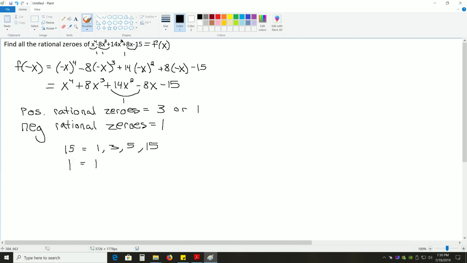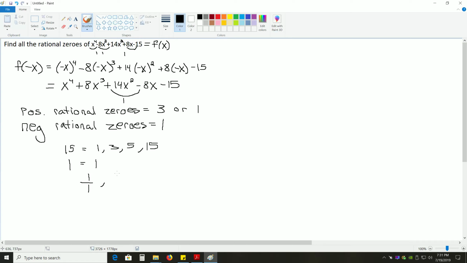To find the possible rational zeros that could solve this problem, we take the last constant in our original function. We take every one of its factors and put them over every one of the factors of the first number, which in this case is just 1. So we'll start with our first one. We have 1 and we'll put that over 1.